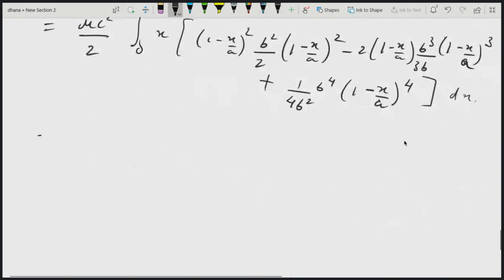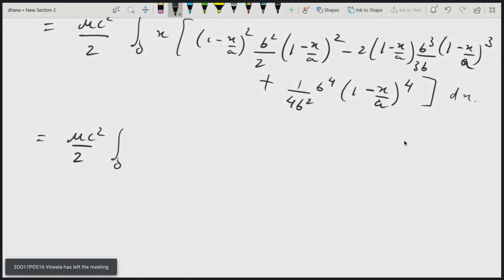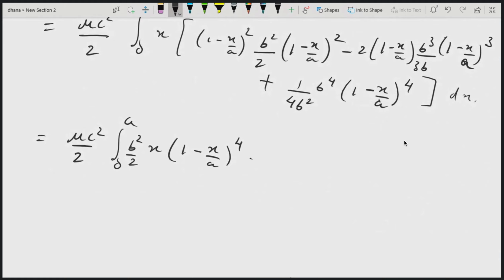So if you solve it, you will get mu c square by 2, okay, integral 0 to a x as it is. Here you will get b square by 2, and with this one, you will get 1 minus x by a whole to the power 4. Minus 2, one of the b will be cancelled. So 2b square by 3 you will get into 1 minus x by a whole to the power 4.